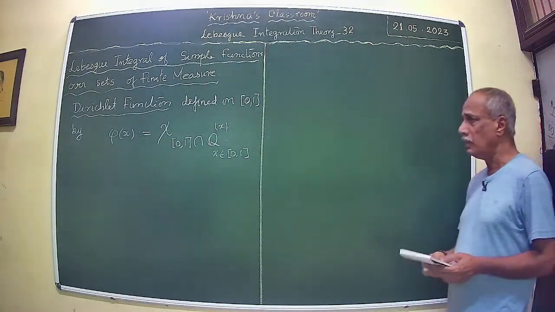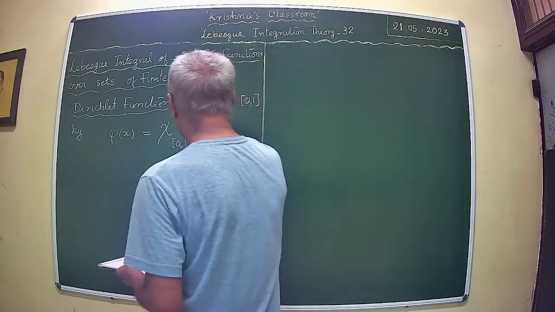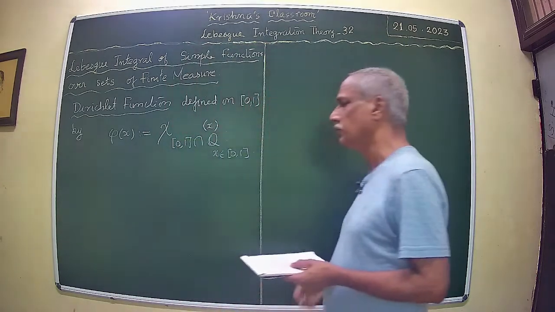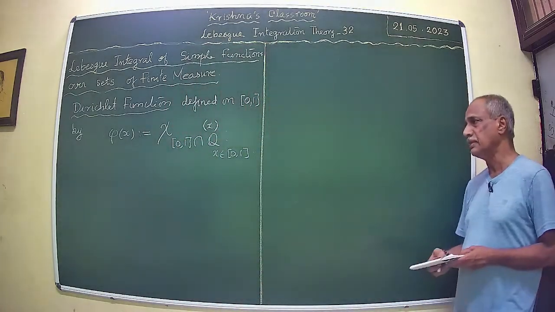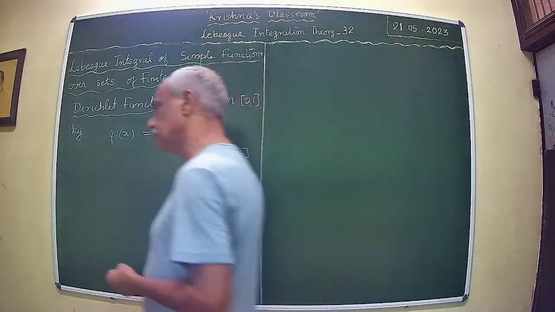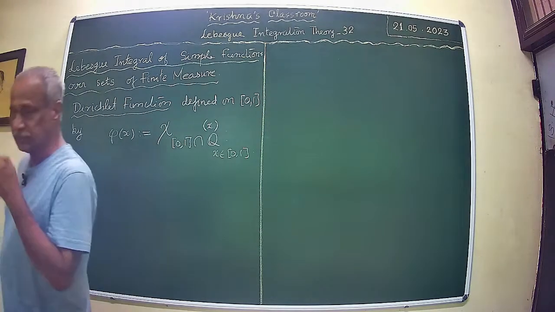Now at all irrational points, the function takes the value 0 on the interval 0, 1, and at all rational points the function takes the value 1.